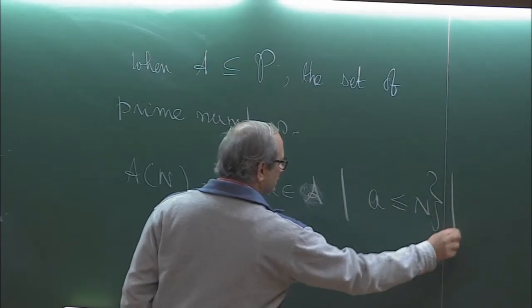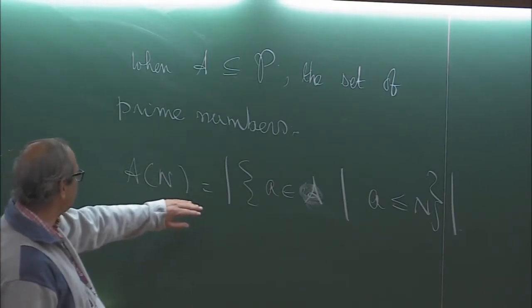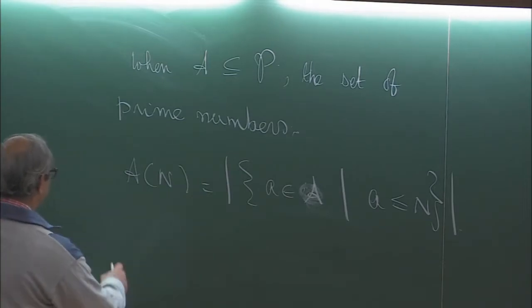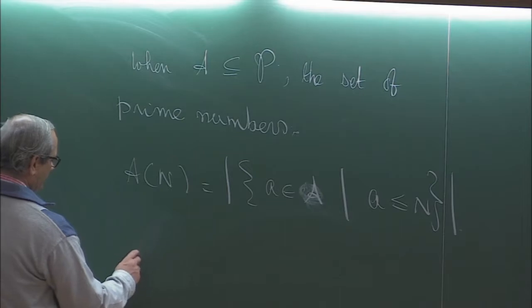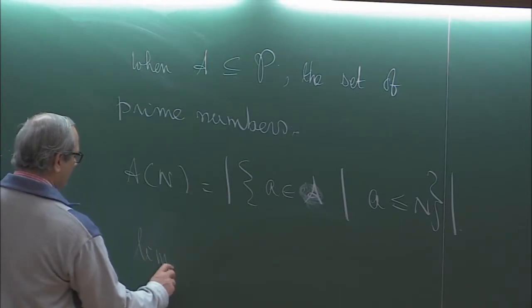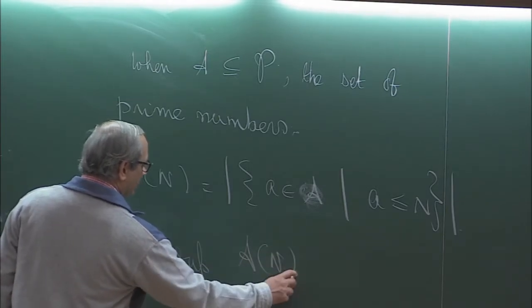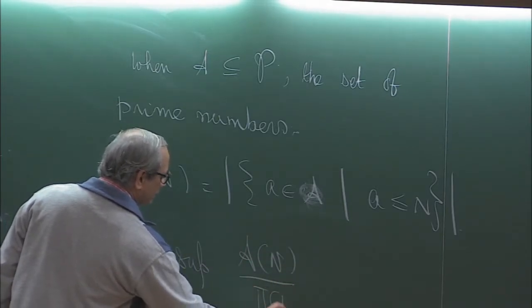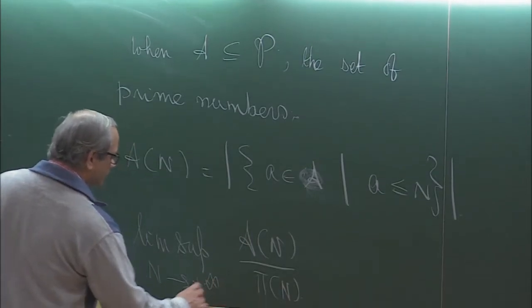And one speaks of the relative upper density of A. So the relative upper density of A is the limit supremum of A_n by pi of n, as n tends to plus infinity.